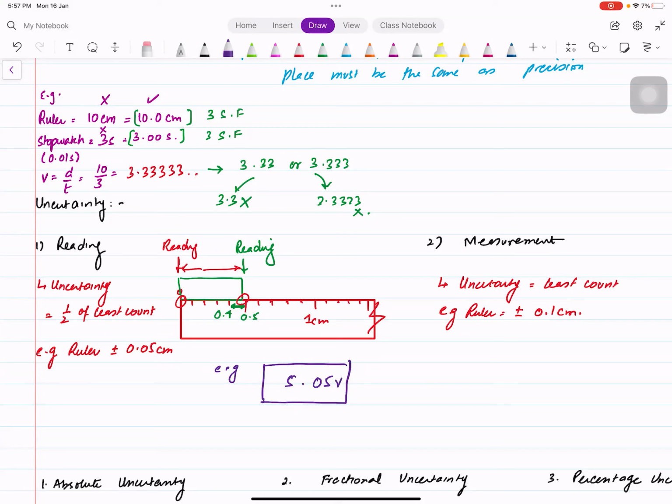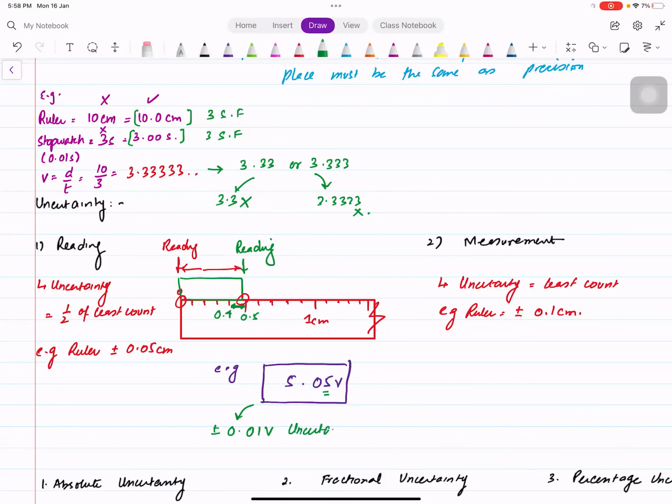Now they ask you what is the uncertainty in this, especially in question two, where they say estimate the uncertainty. So the uncertainty in this would be basically 0.01 volts. How do I know this? Because this is a measured value and I'm going to check the last decimal place for it. So the minimum error it can cause would be 0.01. Do you understand this?